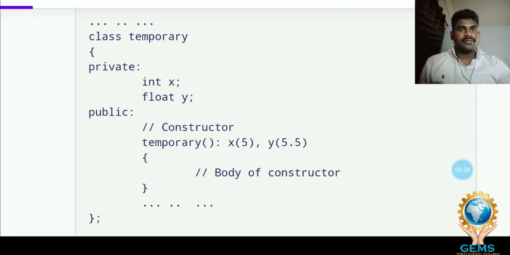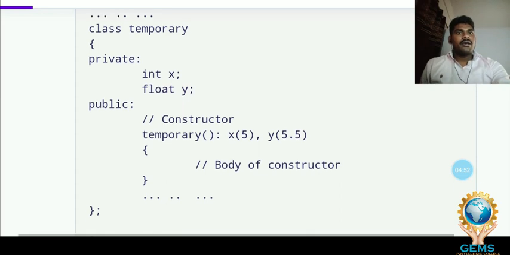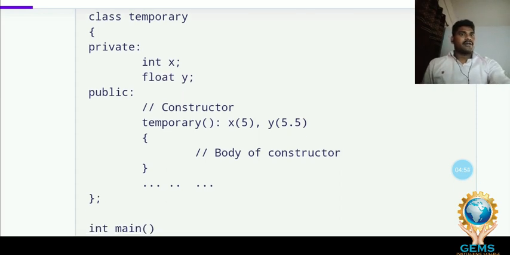And a constructor is being created. I already told you, while creating the constructor, the class name and constructor name should be the same. The class name is Temporary, so the constructor name is also Temporary, with brackets. So now the constructor is created.